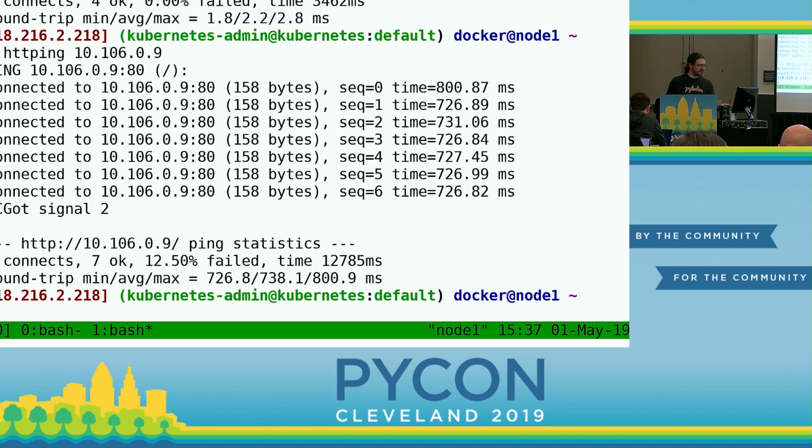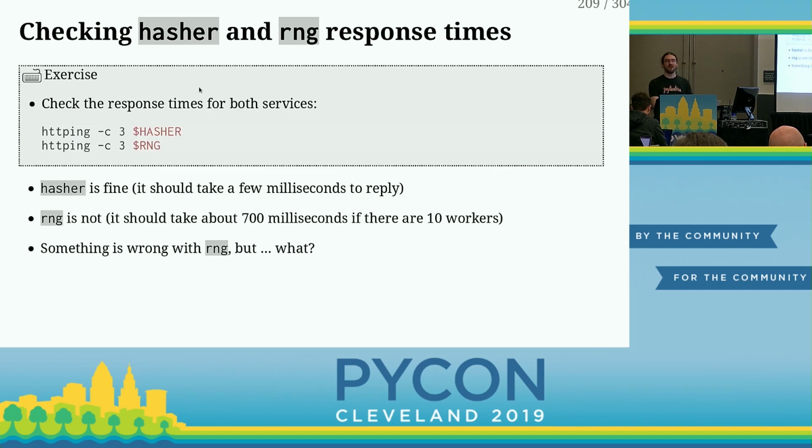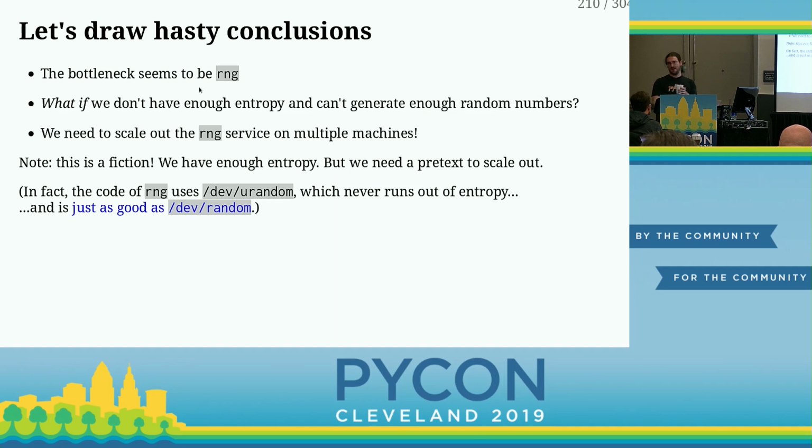So we can think about, okay, why is RNG slower? What justifies that for a local web service, it takes almost 1 second to reply? By chatting with some coworkers around the coffee machine, somebody will say, oh, that's probably because of entropy. Entropy is that thing that is used to generate random numbers on modern computers. We need an actual source of randomness.